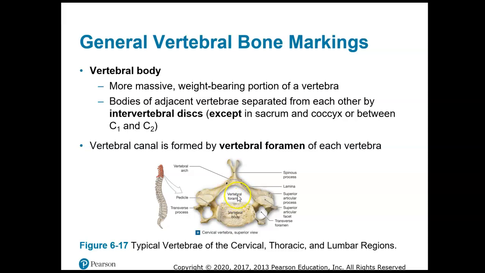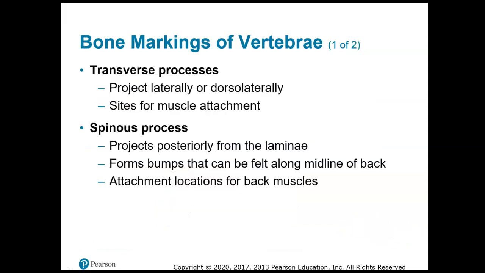The vertebral foramen is the place where the spinal cord resides. Okay, so I would expect you to know that. So that's a bone marking that serves for something to travel through, like a nerve, or in this case, it's the entire spinal cord. But a nerve or blood vessels or whatever would travel through a foramen.